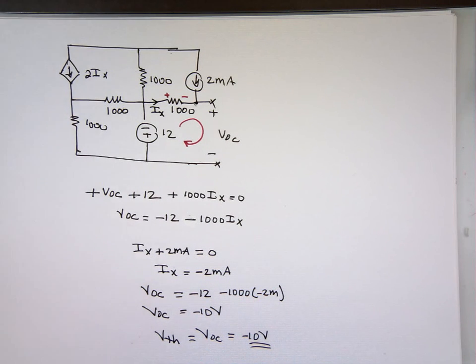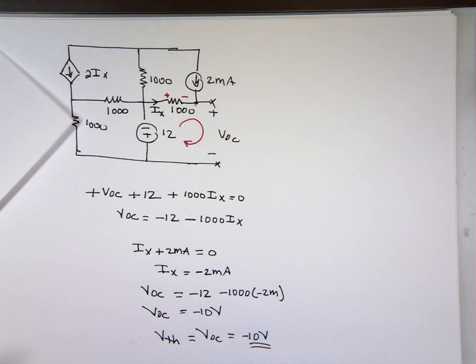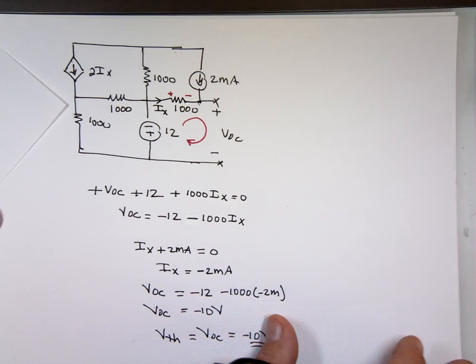It looked much worse, but when you start doing it, it's not bad actually. Next, what are we going to do? We need to find R Thevenin. So we found V Thevenin.